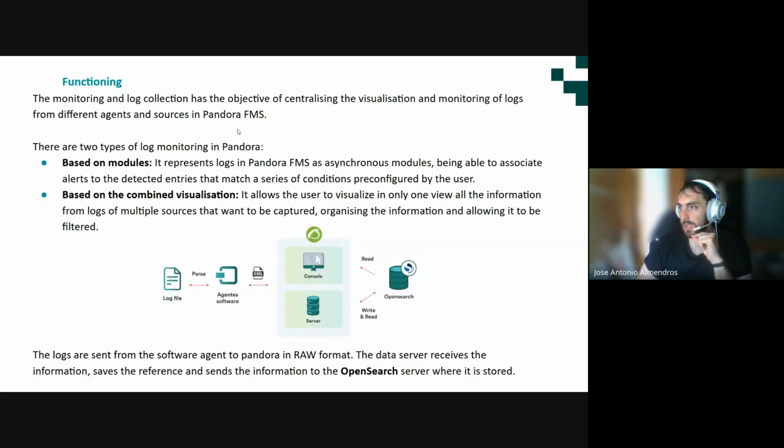It allows the user to visualize in only one view all the information for logs of multiple sources that want to be captured, organizing the information and allowing it to be filtered. The logs are sent by the software agent to Pandora in raw format. The data server receives the information, saves the reference, and sends the information to an open source server where it is stored.